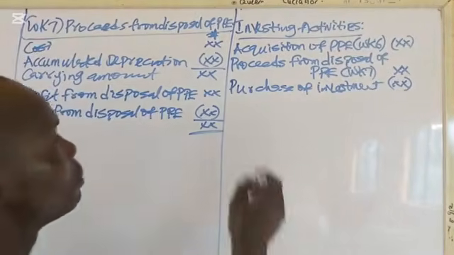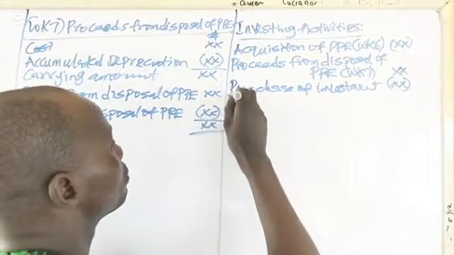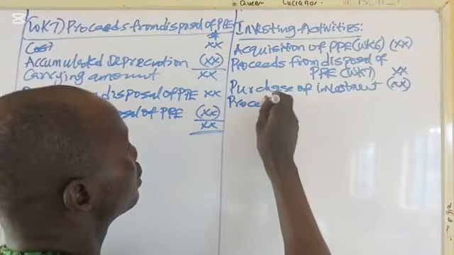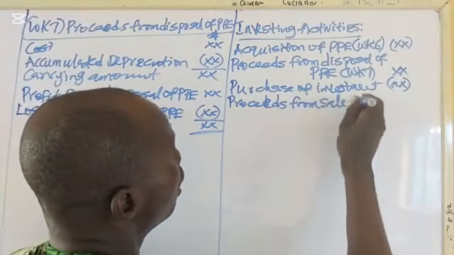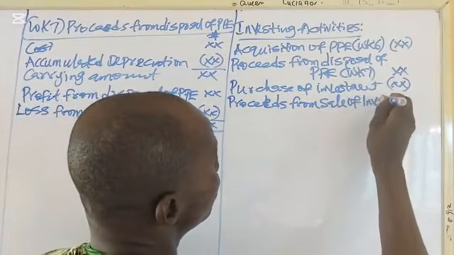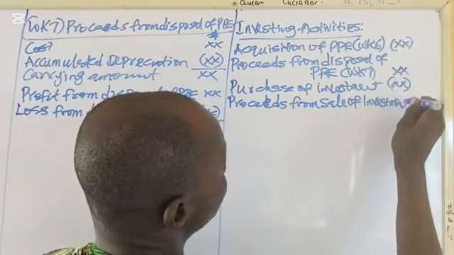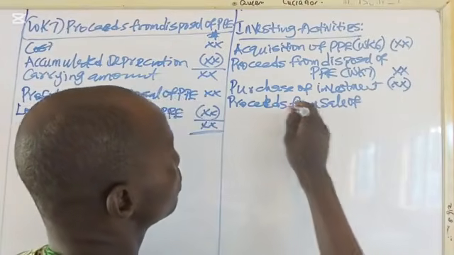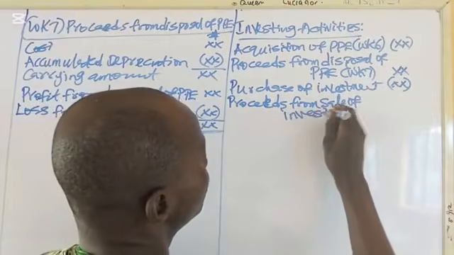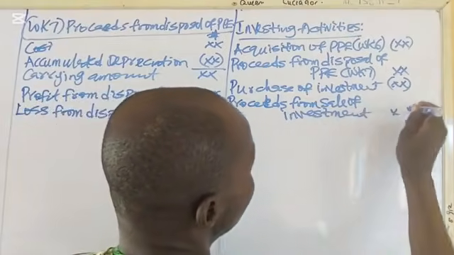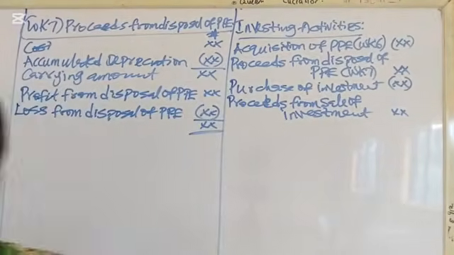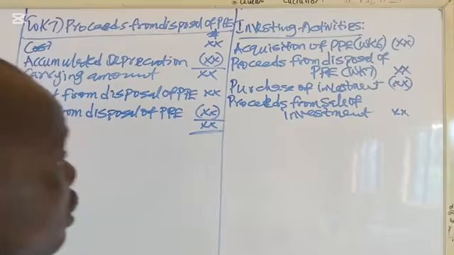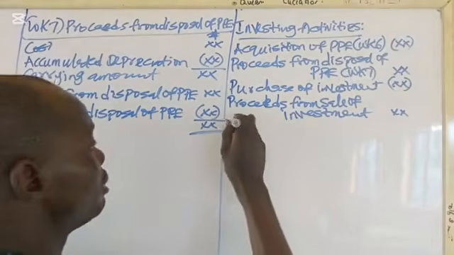Then proceeds from sale of investment. Proceeds is an inflow, to be added. Then there could be investment income, let me say dividend received.